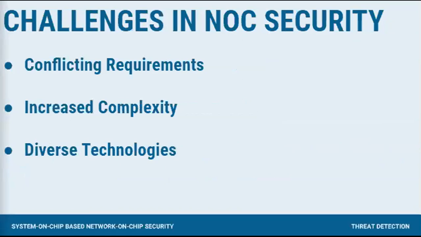There were challenges in network on chip security that we talked about. One is conflicting requirements, because enabling communication between IP cores in a network on chip needs to satisfy a wide variety of requirements, including security, privacy, energy efficiency, domain specific requirements, and real-time constraints.